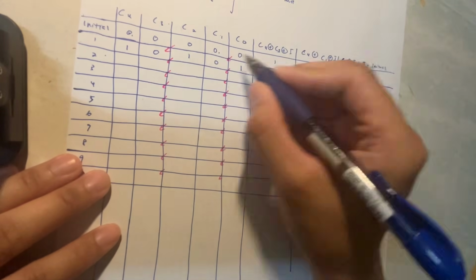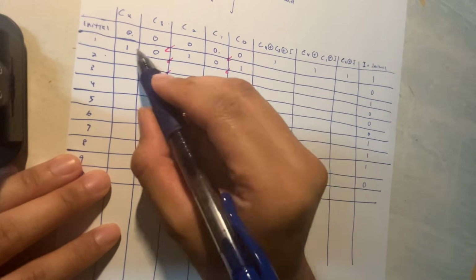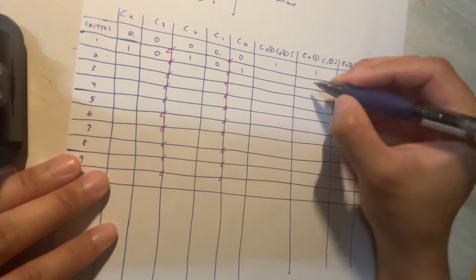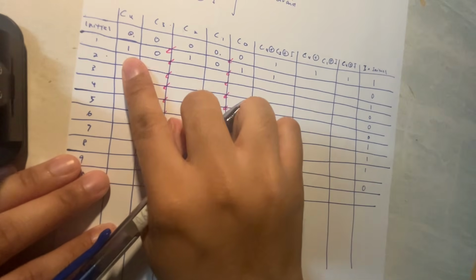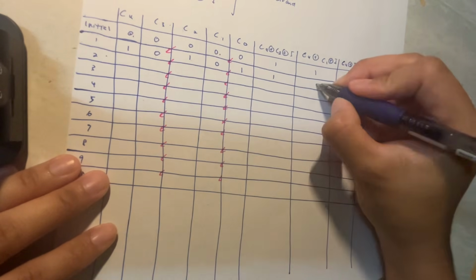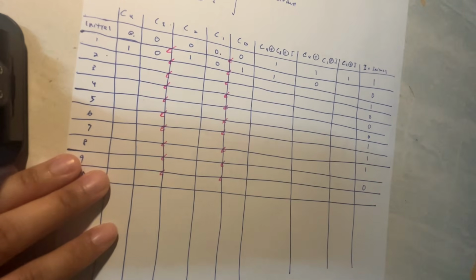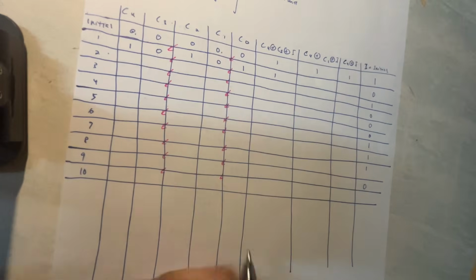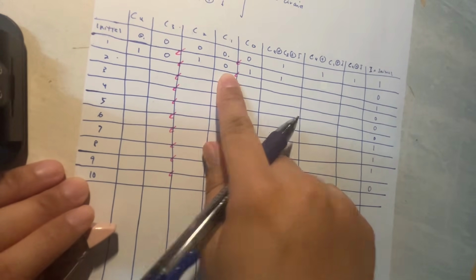Okay, so C4, C3, 1, 1, 1, and 1, 0, 1, 1, 0 is 1. 1, 1, 0, 0, 0 is 0. Sorry, I think I made a mistake. C4, 1, 0 is 1, 1, 0 is 1.